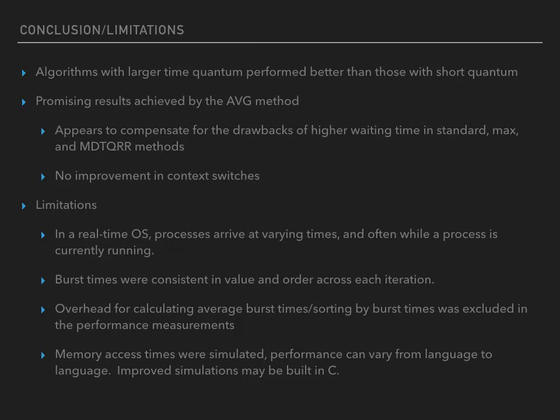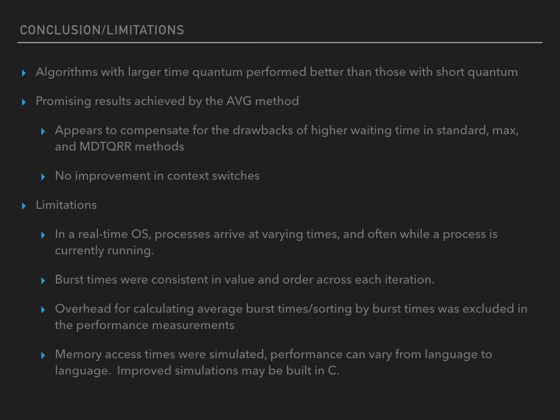Burst times were also consistent in value and order across each iteration. That goes back to the process for creating our ready queue. They were the same values each time, whereas in a real-time operating system, they would have multiple varying arrival times and more varying and unordered burst times, which could affect results.